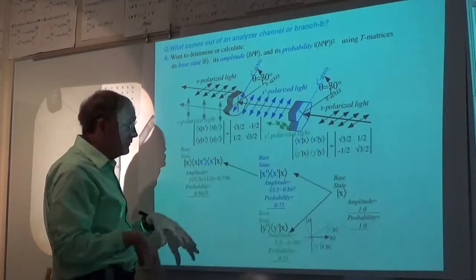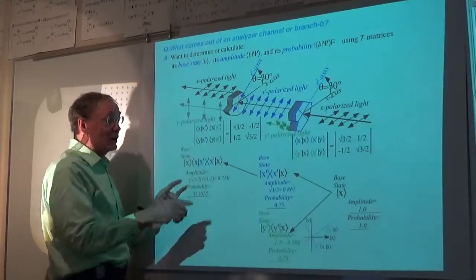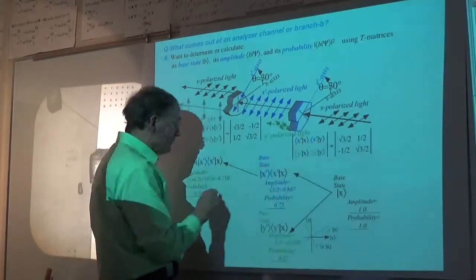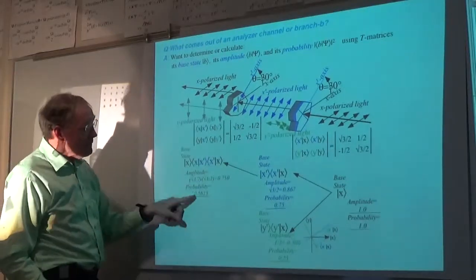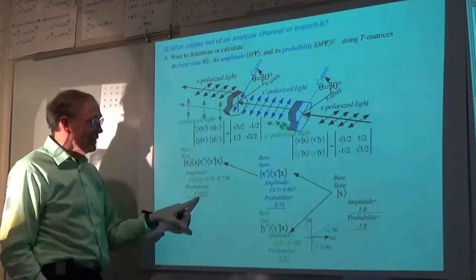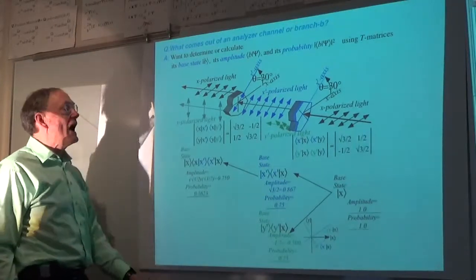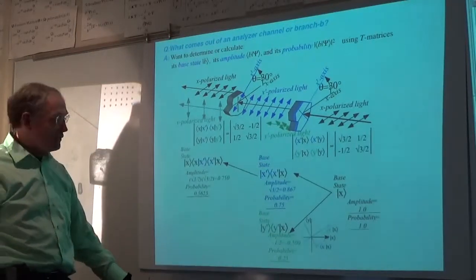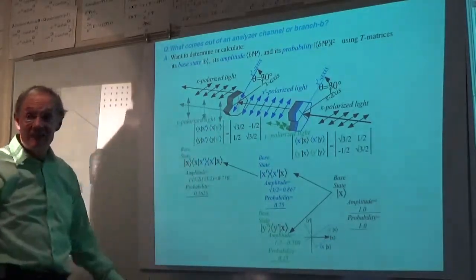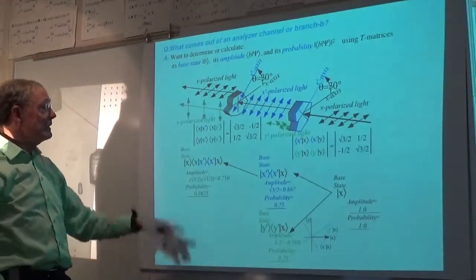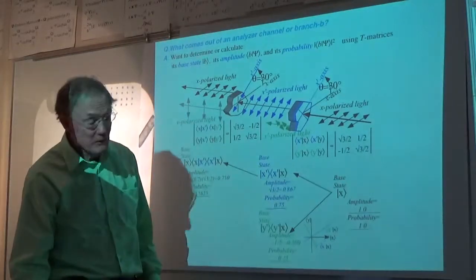That's one of the axioms that's coming later. Those have to be equal. Okay, so they're both square root of 3 over 2. So I get 0.75 here, but the probability is what you want, so it's 0.75 squared, which is a little over a half. A little over half of what you started with is coming out right here.